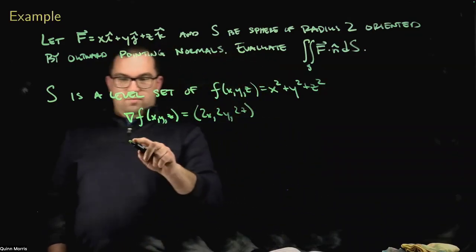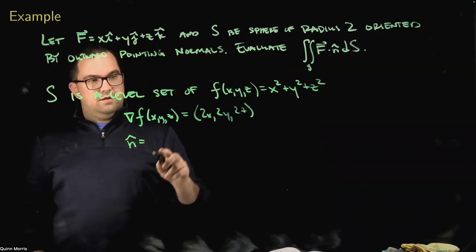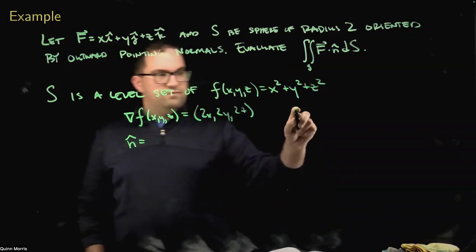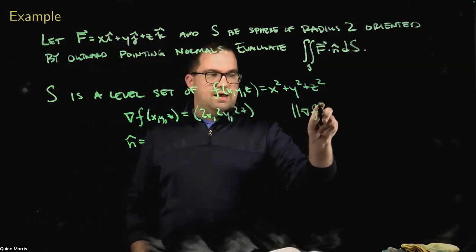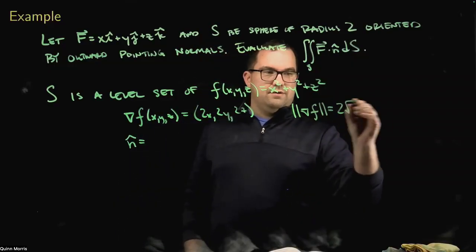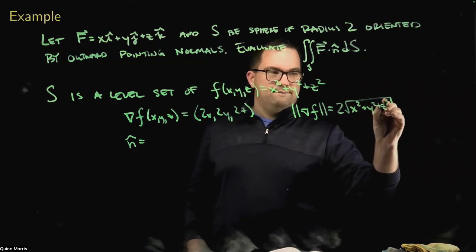which you could then normalize. To get the unit normal here, you would divide by the norm of this. So the norm of the gradient of f, you just write the whole thing out, becomes 2 times the square root of x squared plus y squared plus z squared.